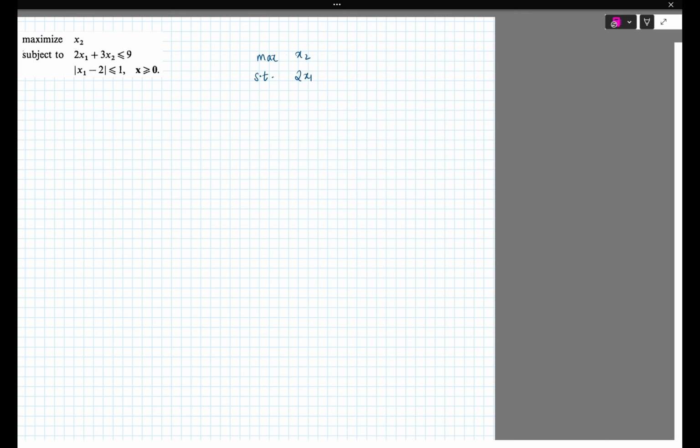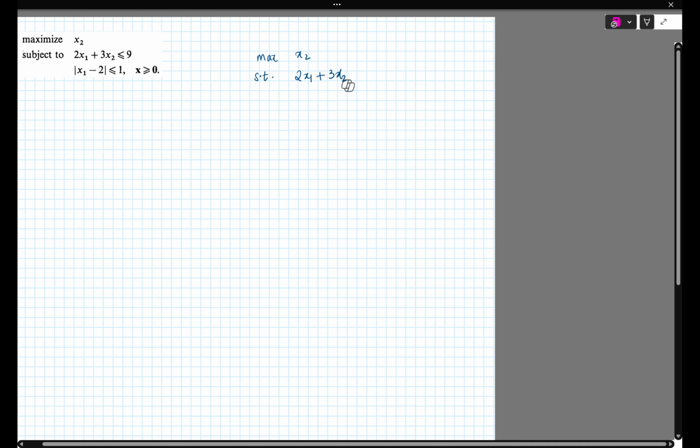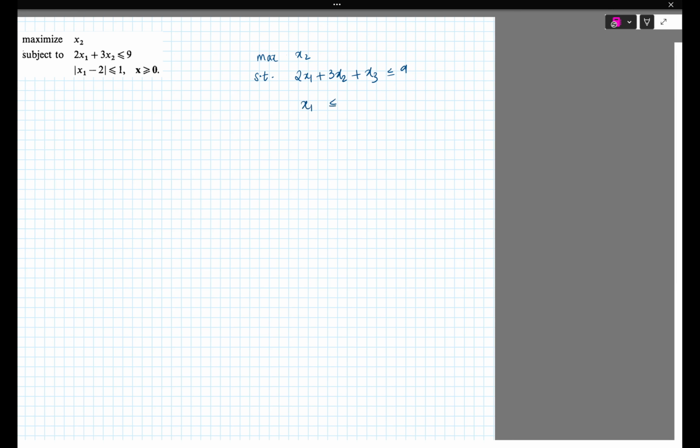Combining in one, x1 has to be less than or equal to 3 and x1 greater than or equal to minus 1 plus 2, which is 1. So we write x1 less than or equal to 3 and x1 greater than or equal to 1.